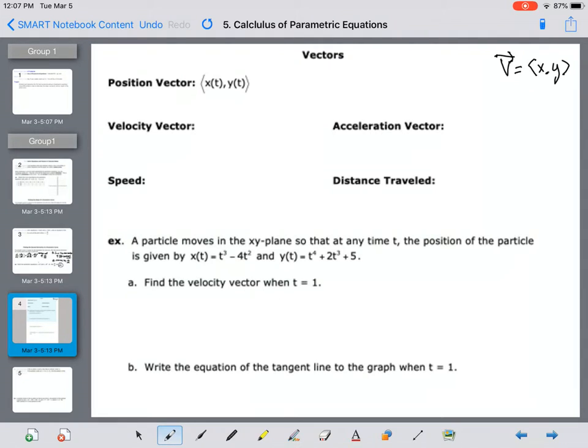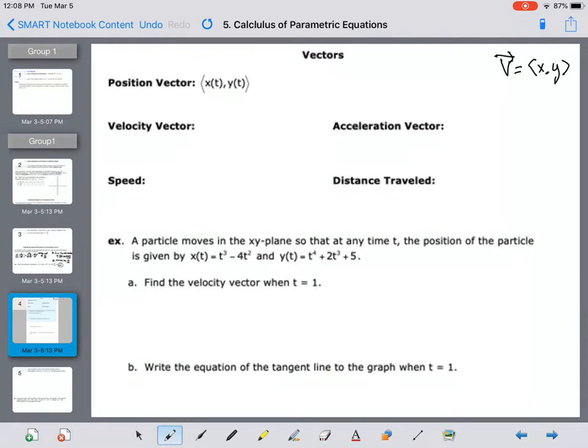But we want to get some basic information. When we talked about regular functions and motion, we talked about motion along a straight line, always going towards the origin or towards the point of start, or away from the point of your initial value.